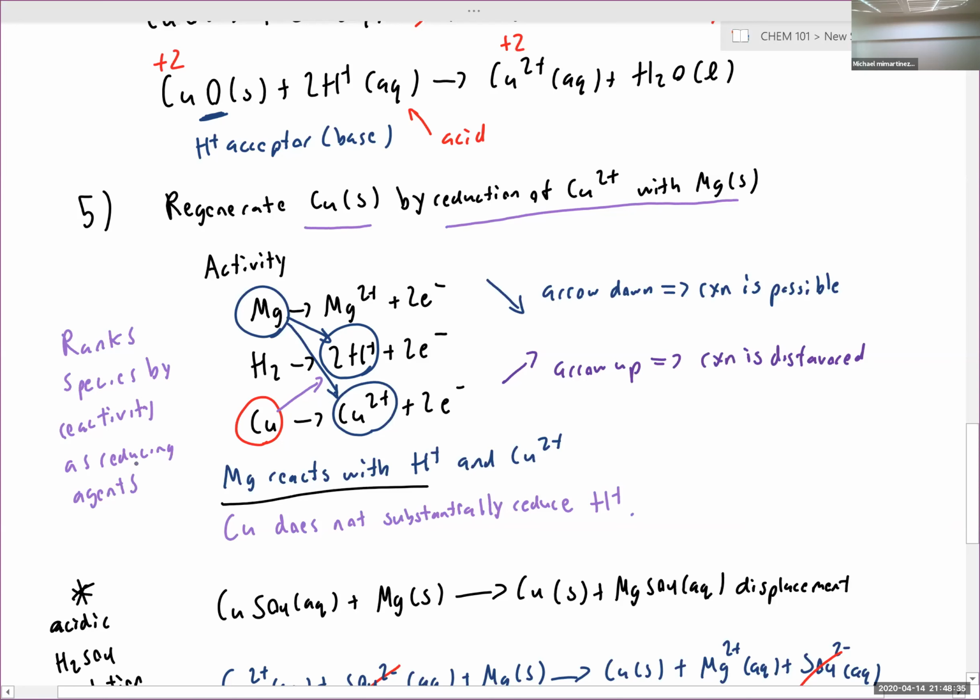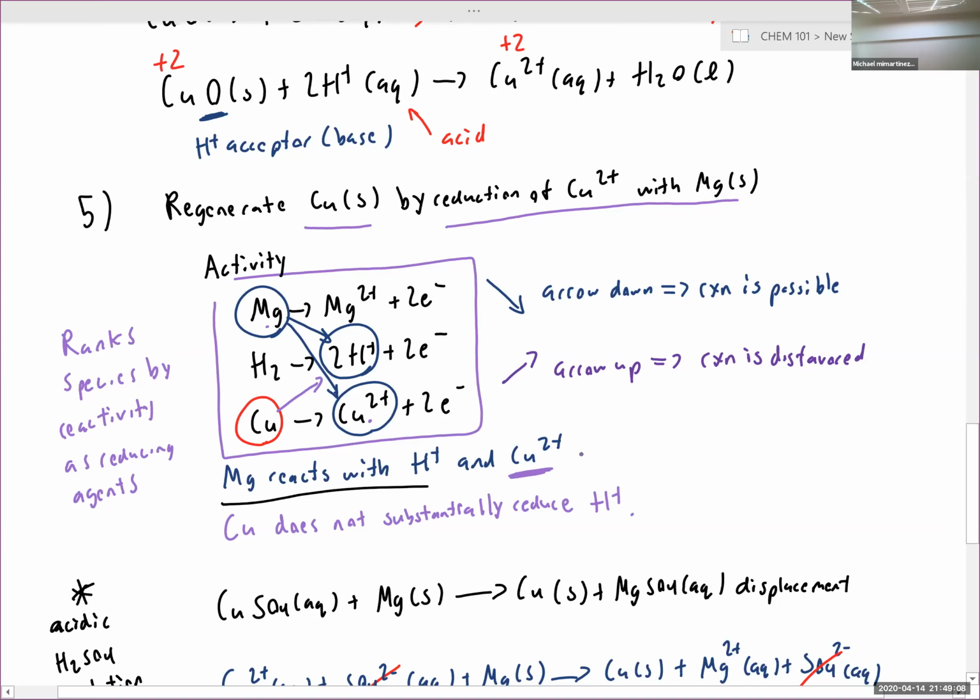And when we did a lot of our experimental trials, we know that when we mixed magnesium with solutions of copper 2+, we observed a reaction. So if you see your activity series right here, if your arrow going from your neutral metal to your metal ion is pointing down, the reaction's possible. So magnesium can react with copper.